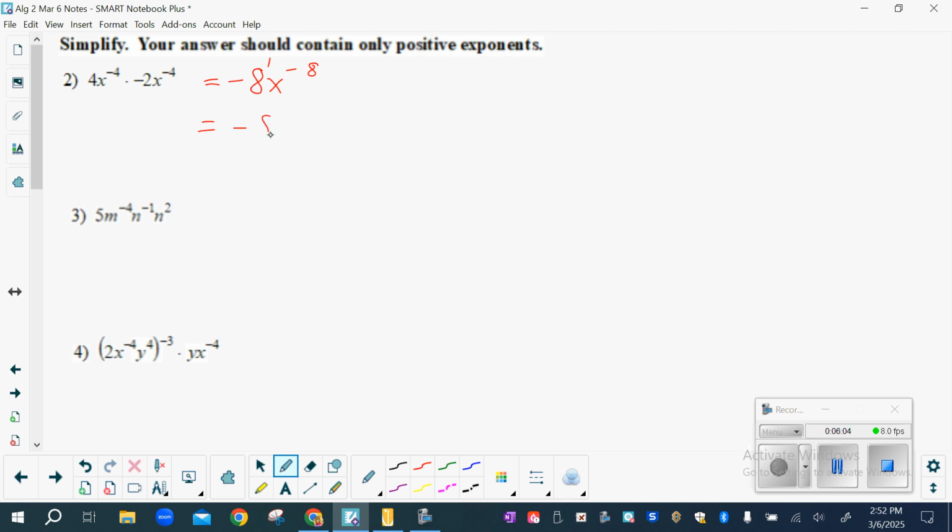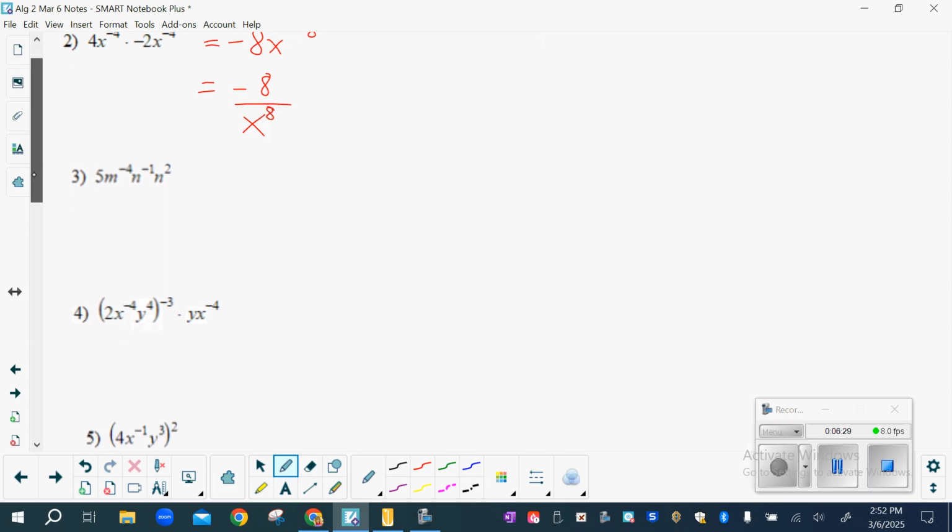So that's -8 over x to the 8th. Okay? Yes, that's your final answer. We always want that answer not to have negative exponents. So this negative number did not mean that we moved it down to the bottom.